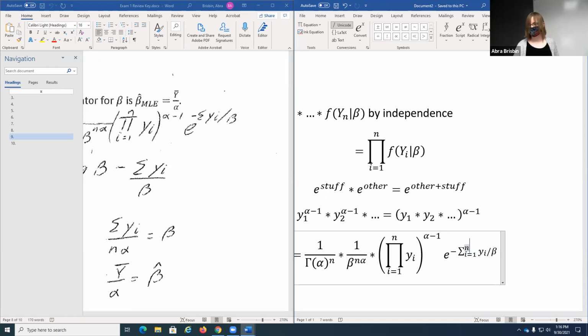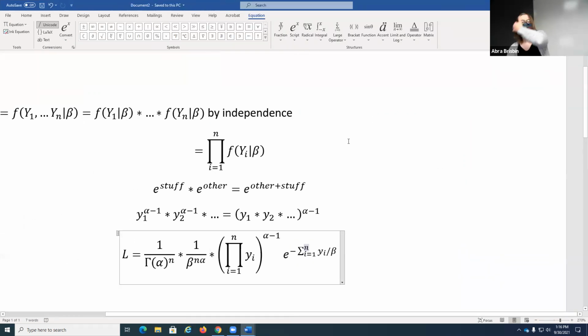Okay. So now we know that our plan is to take the log and take the derivative with respect to beta. But anything in here that doesn't involve a beta, once we take the derivative, it's going to go to 0. So we don't actually care that much about writing out what the log of these pieces is.